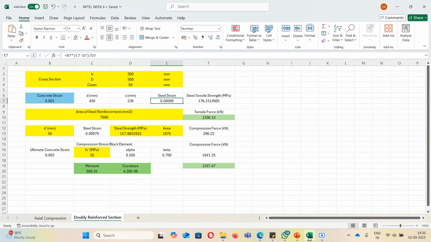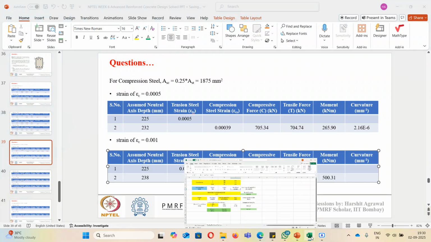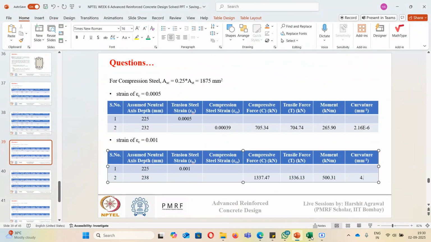So at 238, the net compression force is 1337.47. Tension force is 1336.13. Moment is 500.31. And curvature is 4.20 into 10 to the power minus 6.